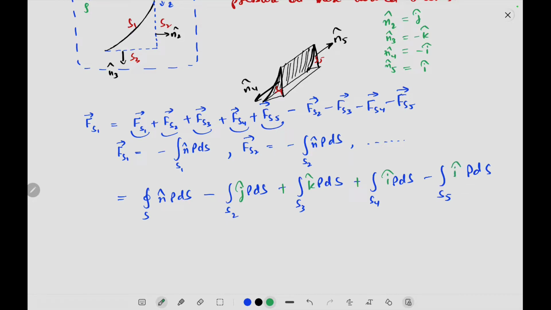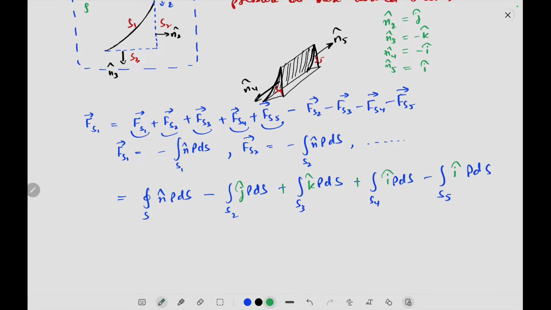Okay, now from the symmetry of this problem we can say something about S4 and S5. From the symmetry we can see that the same force would act on S4 and the same force would act on S5 because their geometry is exactly the same.